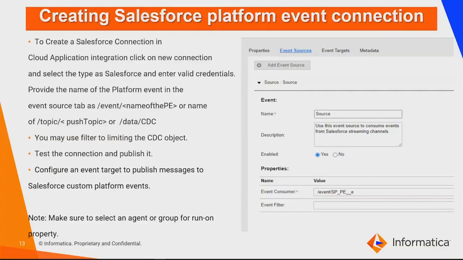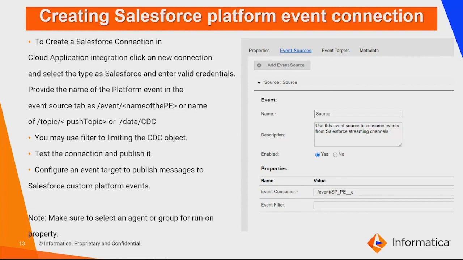So far we have learned about the Salesforce overview, prerequisites in order to create a connection in CI, uses of the managed package, and steps using which you can install the managed package on the Salesforce platform. Now let us look at how one can create a connection to a Salesforce platform event in cloud application integration.